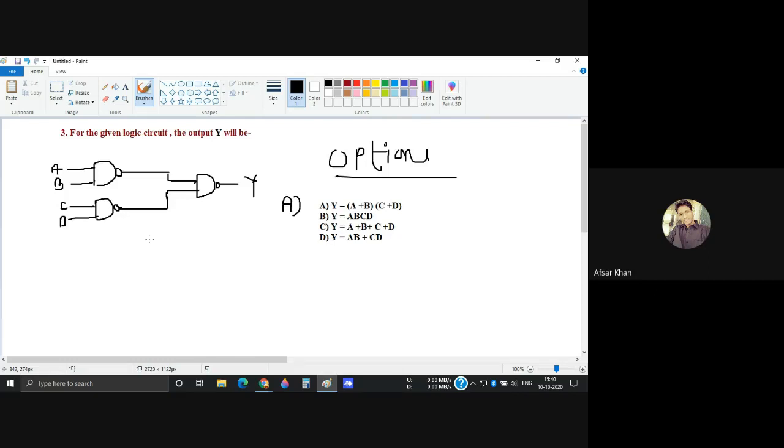Yes, respond anybody. Anybody solved this? Write this question and tell me the answer. Sir, D is the answer. Yes, D is the right answer. Very good. Who has solved this? Yes, who has given the answer?